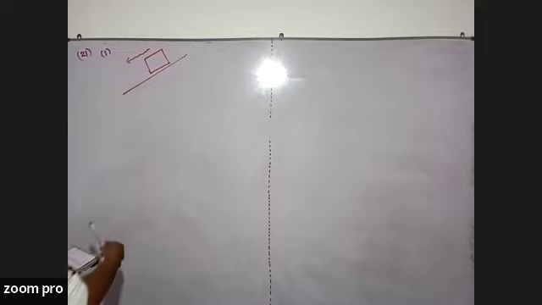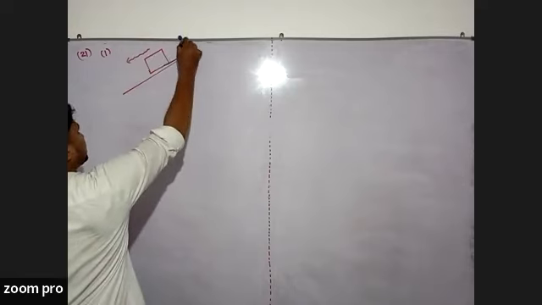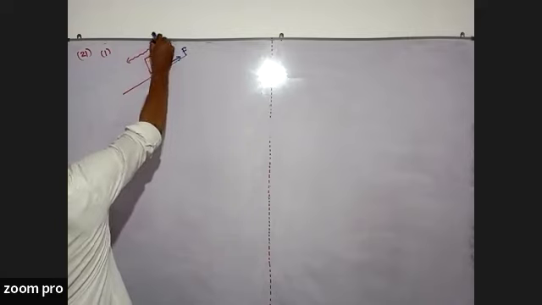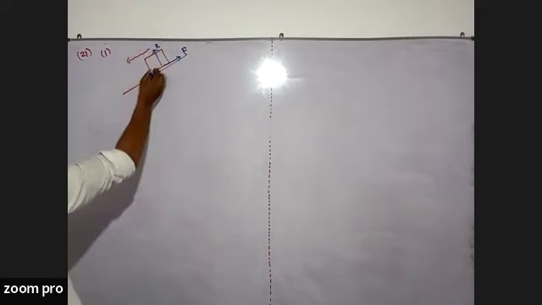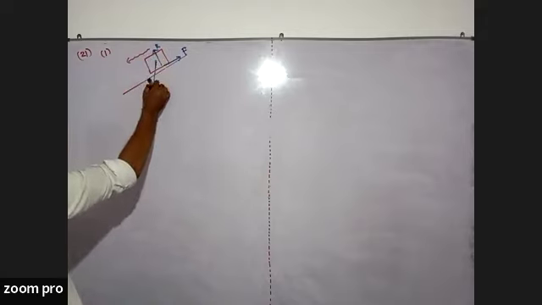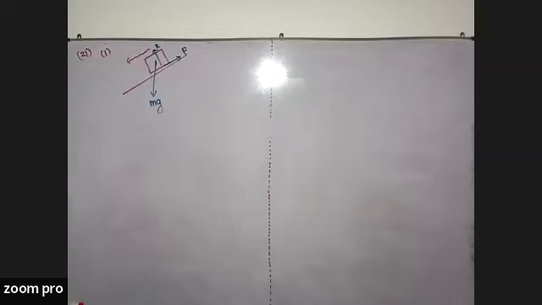So hence the friction force should be exerted in the opposite direction, and the normal reaction should be exerted perpendicular to the surface, and the weight of this object should be exerted downward. So this is the correct answer.